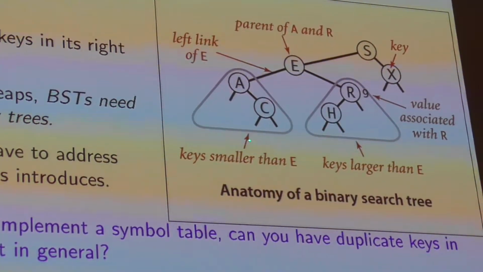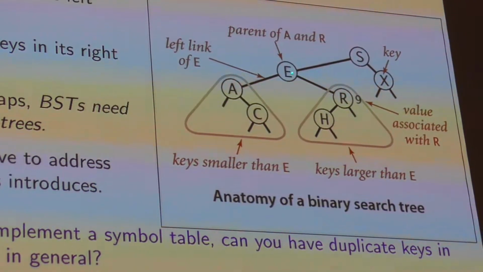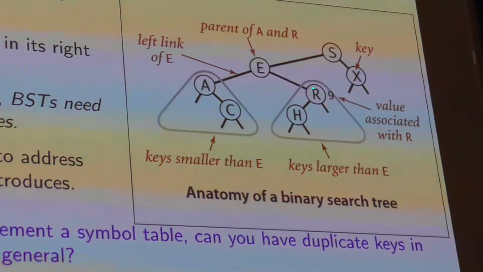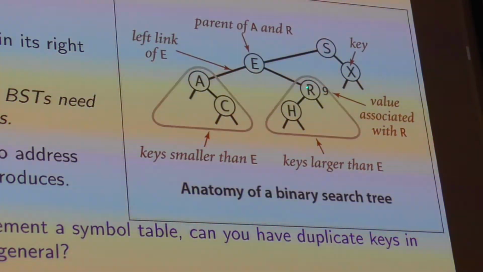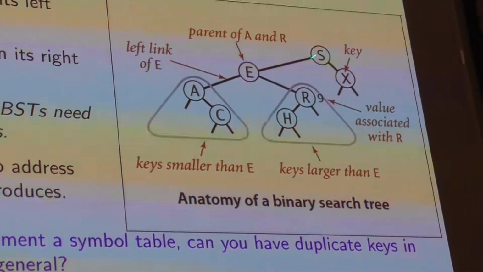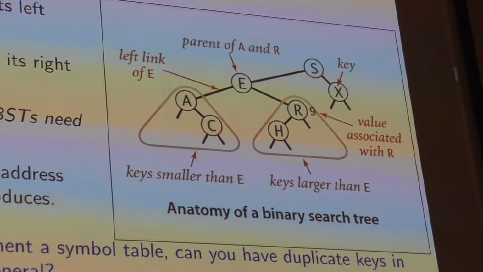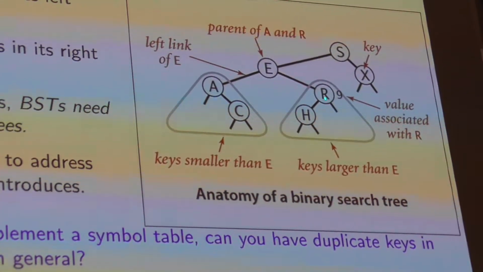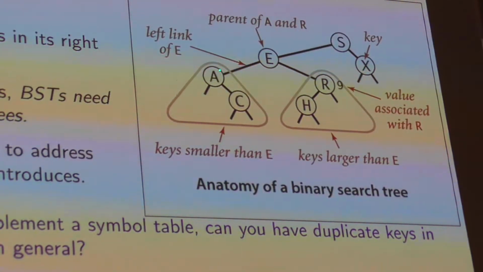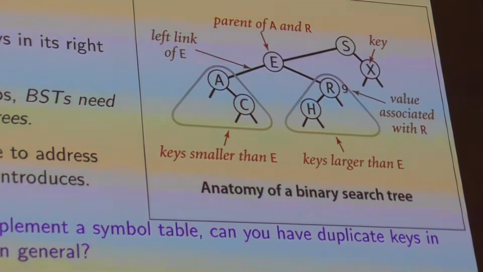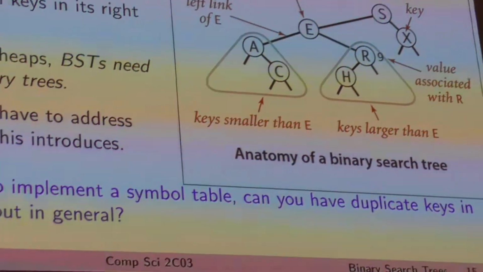All elements in the left branch of this E are less than E. All nodes in the right branch are greater than E. But because they're also in this branch to the left of S, you might say that all elements in this subtree are between E and S. Right? Make sense? Okay, so fine. This is good.